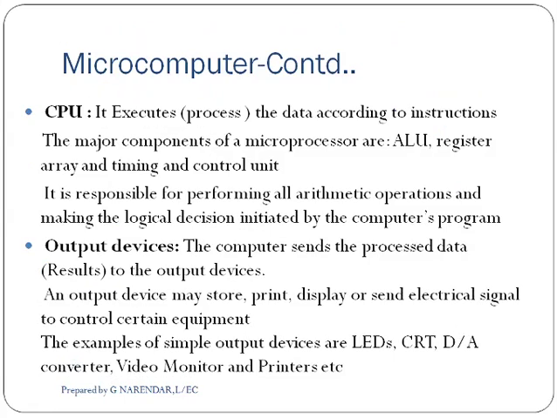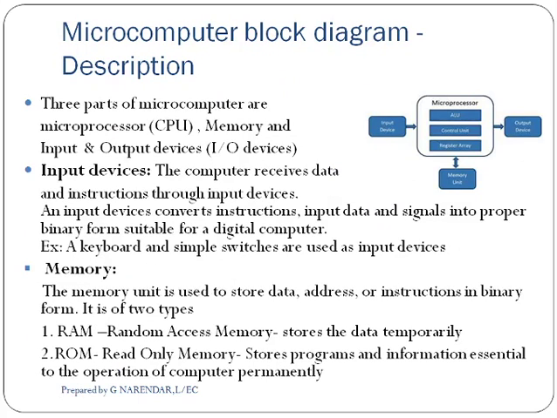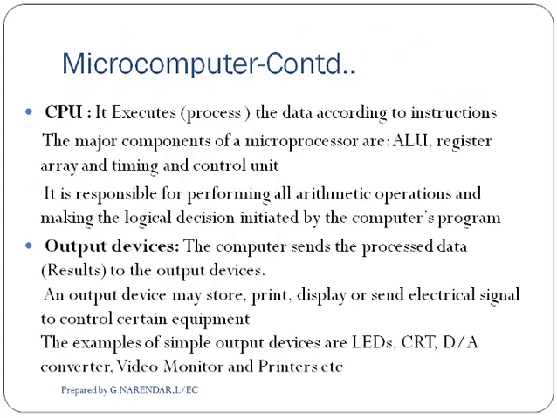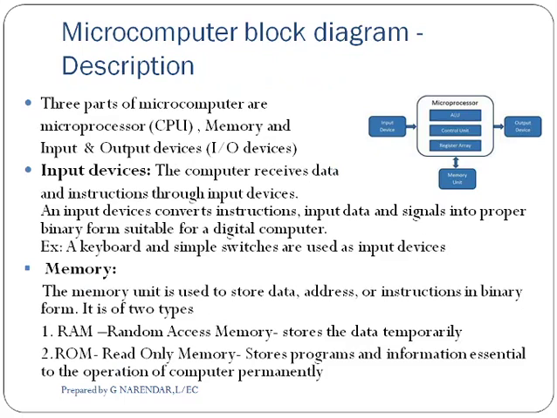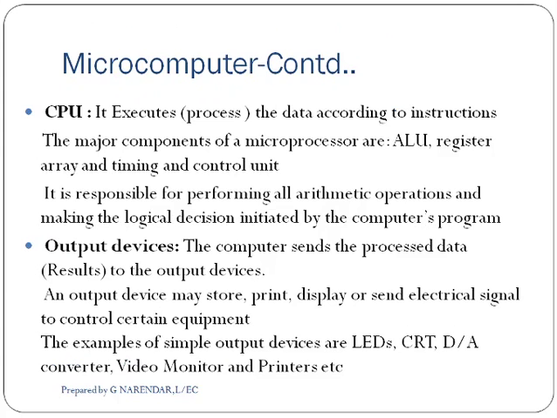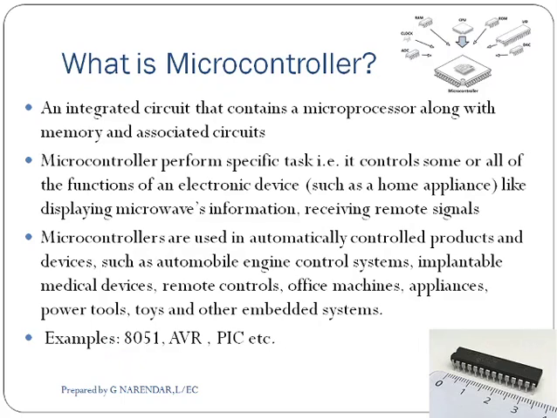If a computer uses a microprocessor as its CPU, then it is a microcomputer, and we studied a block diagram of the microcomputer. Next we saw what a microcontroller is. There we said that the microcontroller is also an IC, but it contains not only the microprocessor, but also other circuits along with the microprocessor.